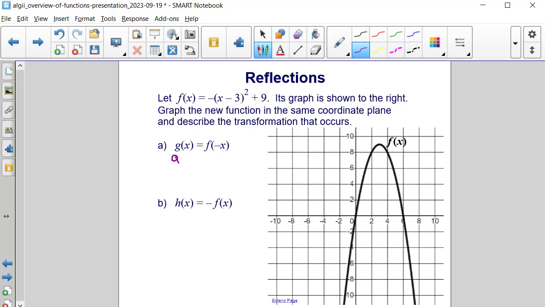So we have that g of x is equal to negative, and then we have negative x minus 3 squared plus 9. Now, both of our terms inside of these parentheses are negative, so we can factor that negative 1 out, but not fully out of this set of parentheses. It's just among these two terms.